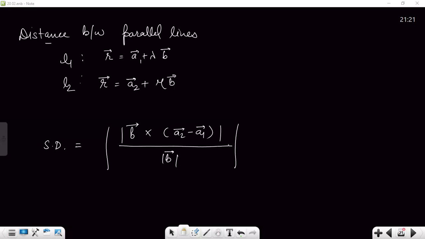There's a diagram of two skew lines given. Let me share it.